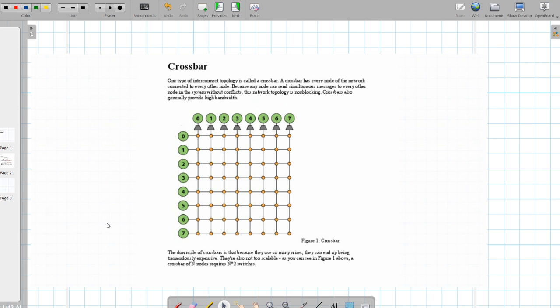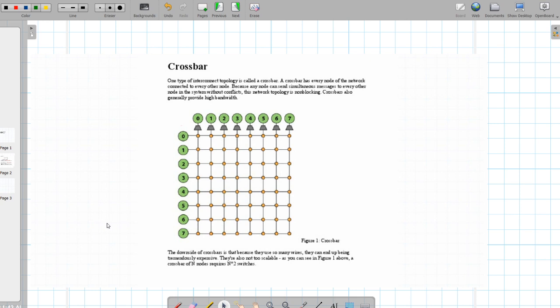The salient feature of this crossbar interconnection network is that all the processors are connected with each other via some switching devices. These tiny yellow circles are your switching devices. So have a look at the statement. A crossbar has every node of the network connected to every other node.